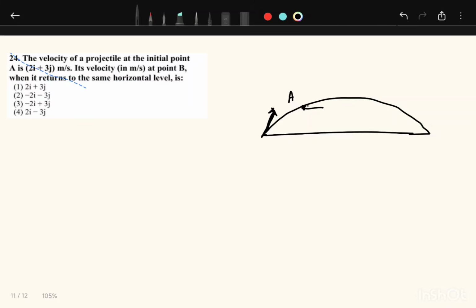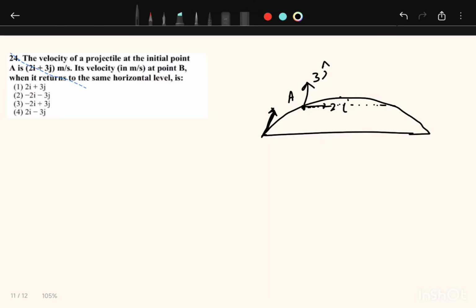Which means in the x direction the velocity is 2i cap, and in the y direction it is 3j cap, right? So we are asked when your particle returns to the same horizontal level. So it will be around here, right?